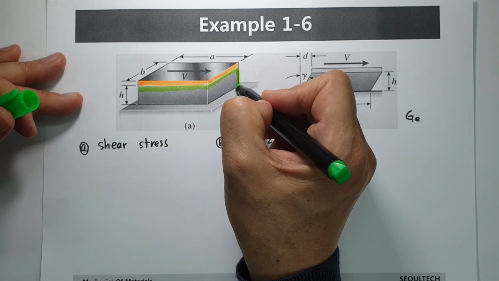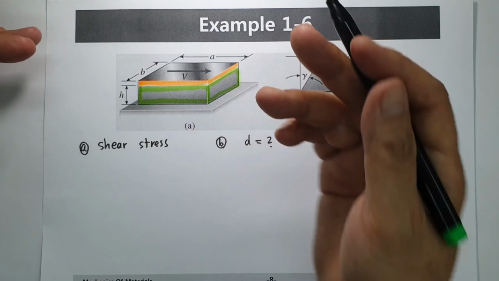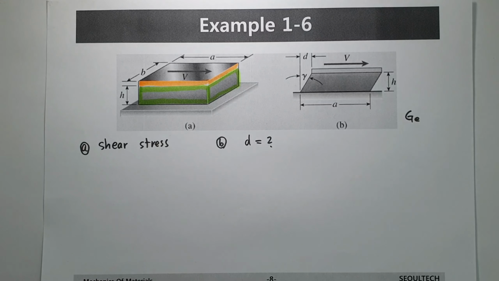Let's say this one is rubber. Maybe in bridge structures, to minimize vibration, we often use this kind of element.